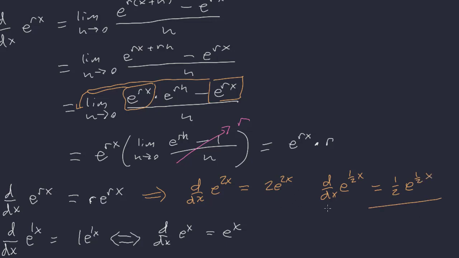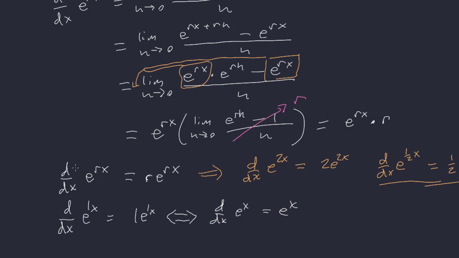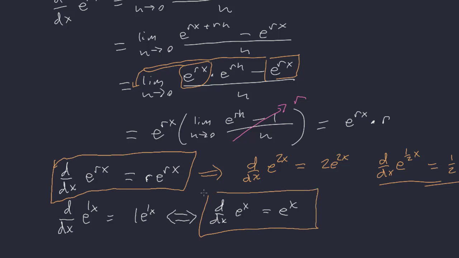So the derivative of e to the stuff, as long as it's just a constant times x, is essentially going to be itself times whatever that constant is. So if you remember this one, you get this one for free, essentially.